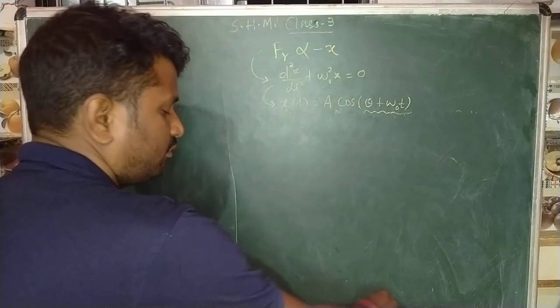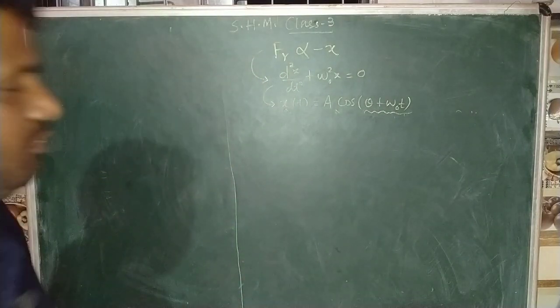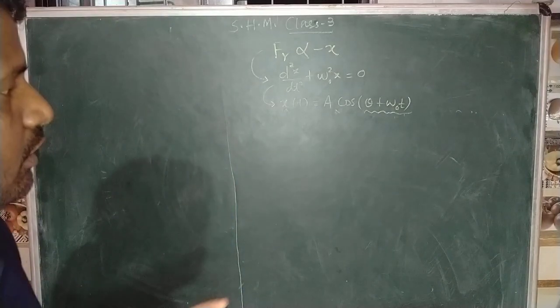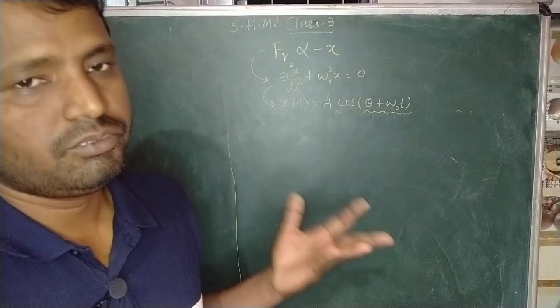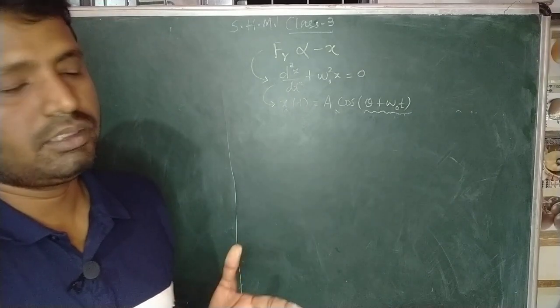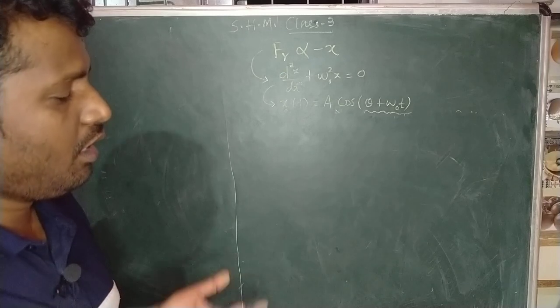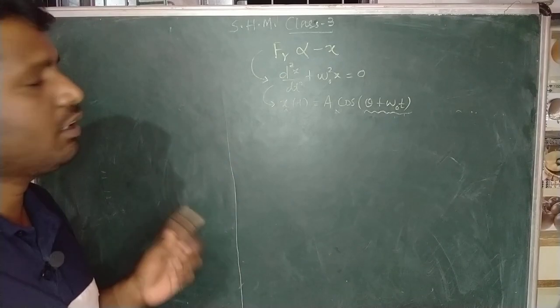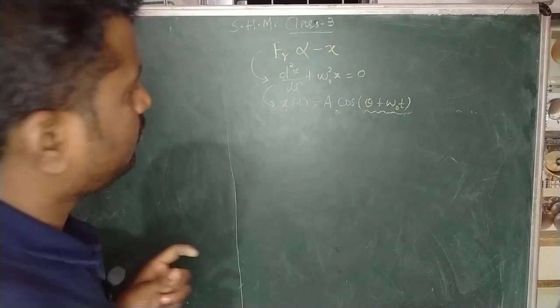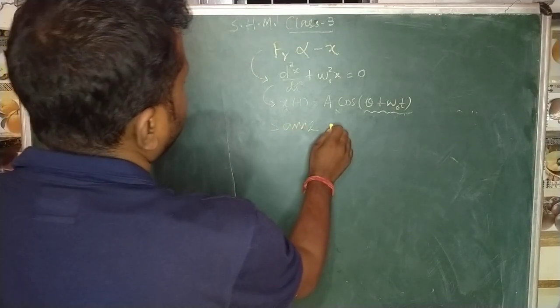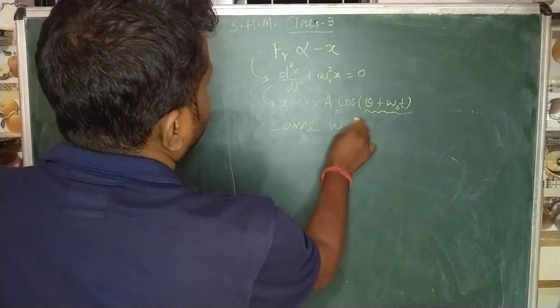Now let's try to get some more information about amplitude. If you consider two simple harmonic oscillators, these two oscillators may have the same omega naught and theta.